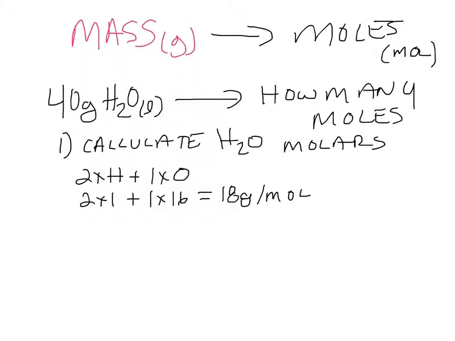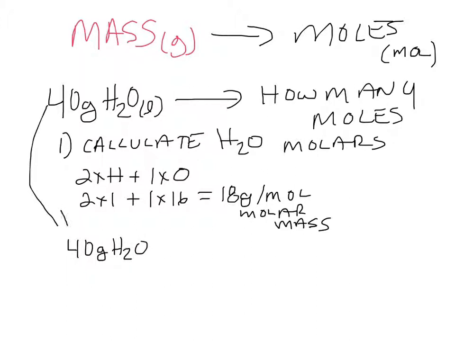Now we set up our equation below, because now we know here's our molar mass. We're given 40 grams, so let's put that here, 40 grams of H2O. That's our have. We have this information.